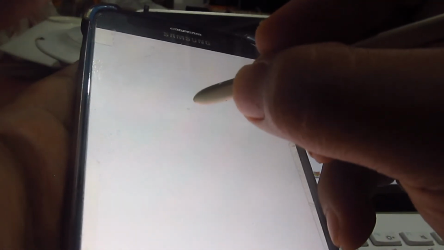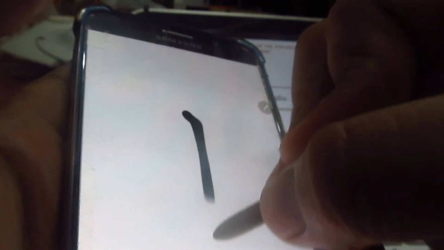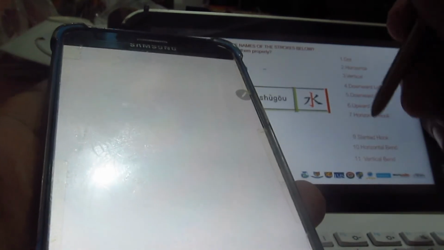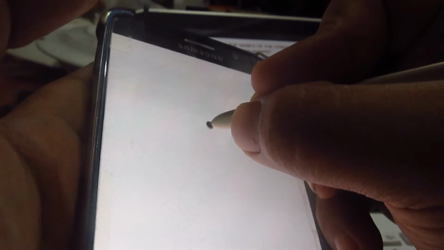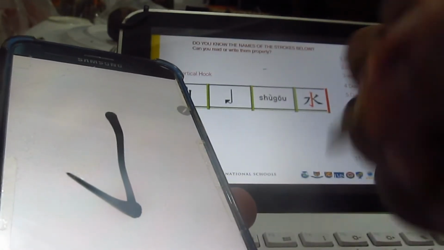As you may notice, I do it in the style of calligraphy because, again, I'm using an S Pen, a stylus, instead of a pen and paper. I just want to emphasize that if you use a brush, there's a different way to write it, but as a general rule of thumb, you just write a vertical stroke and then make a hook.